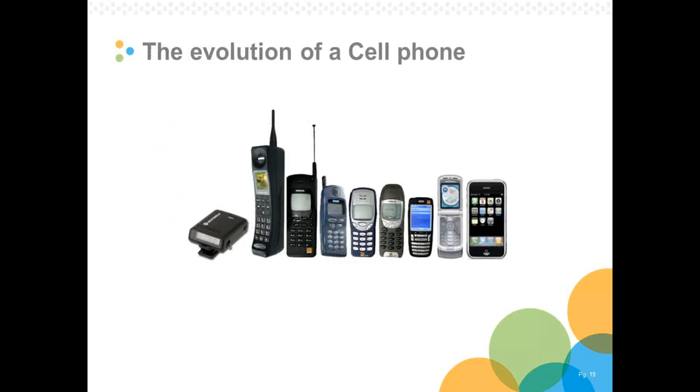So I was starting to think a little bit about RTUs and the history of RTUs and where they've come from, and I tried to draw a parallel to the cell phone industry. With the recent release of the iPhone 6 and all the features that it has now, you look at the evolution of the cell phone, you come from a pager and you come all the way up to the latest version of the newest smartphones.